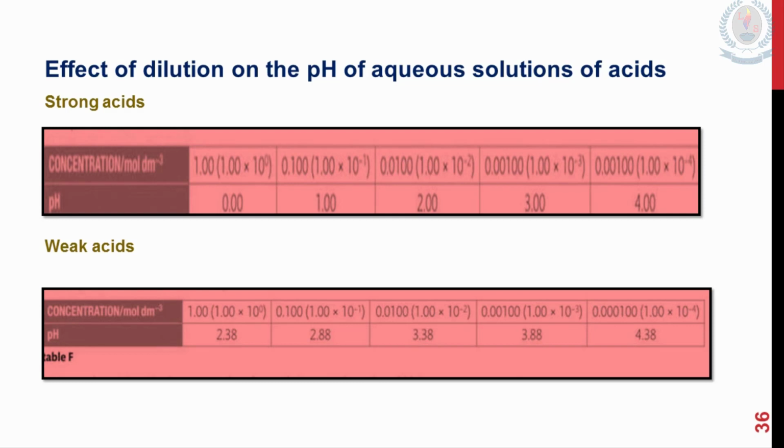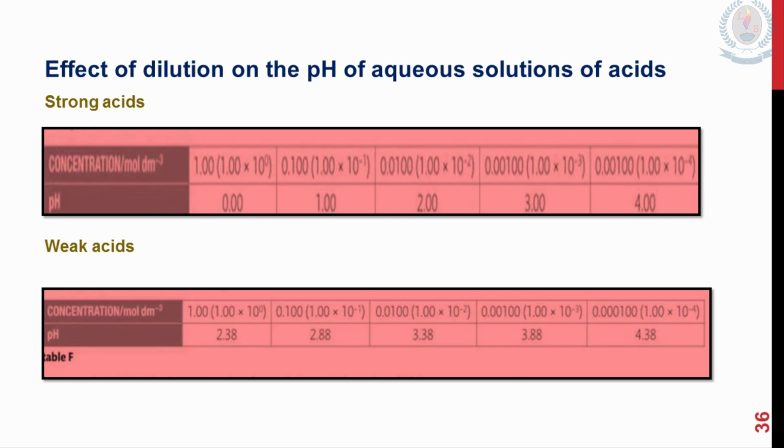So you can see with the weak acid, the pH value increases by about 0.54 for each tenfold decrease in concentration.